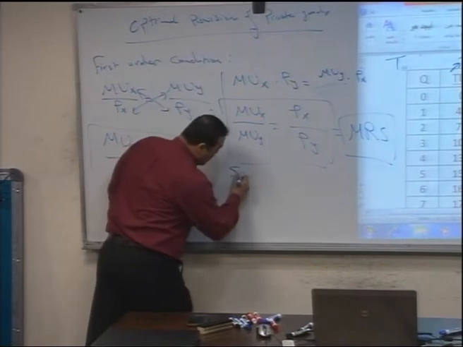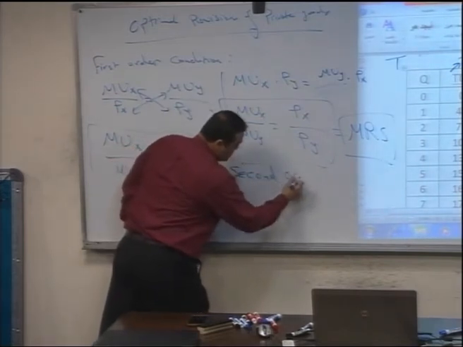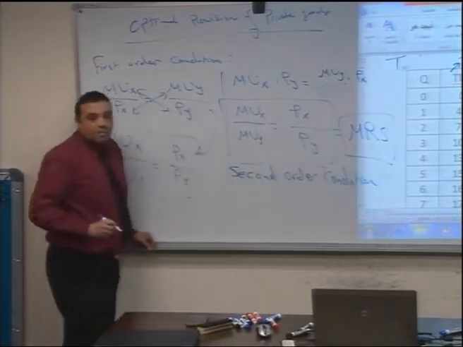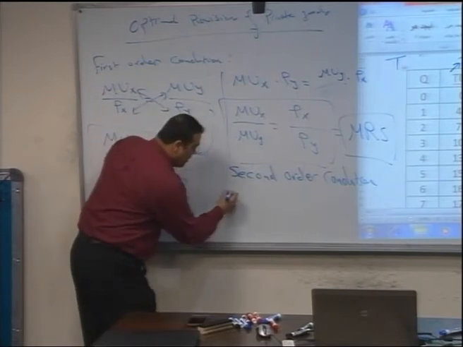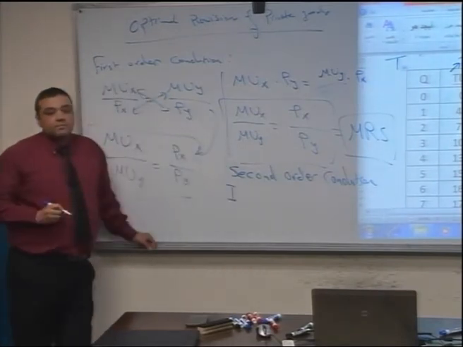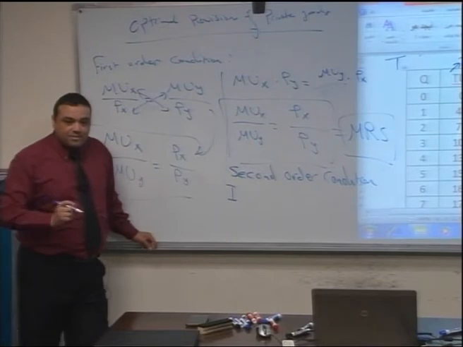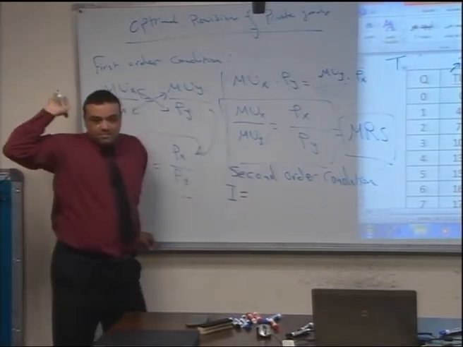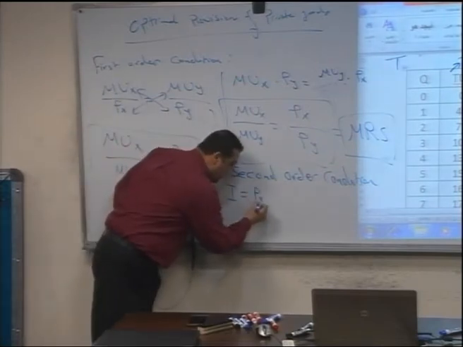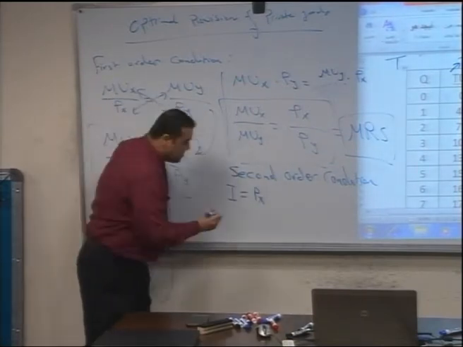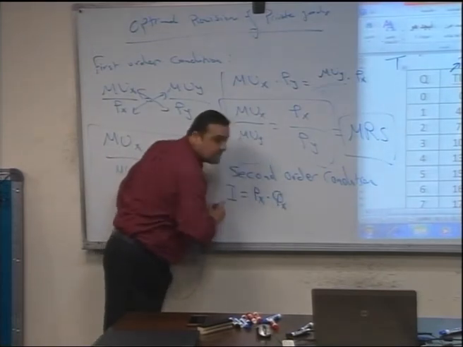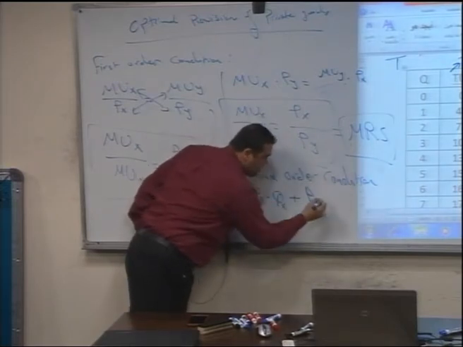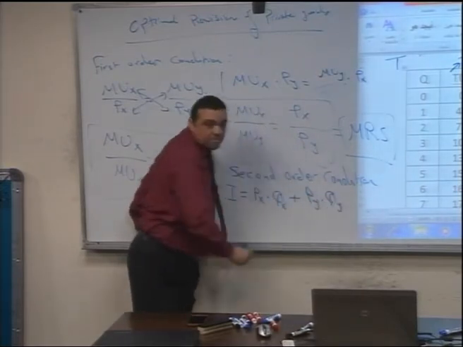So the second order condition is when all of his income is allocated among two products, ice cream and cookies: price of X, ice cream, times the quantity purchased of X, plus price of Y, price of cookies, times the quantity purchased of cookies.